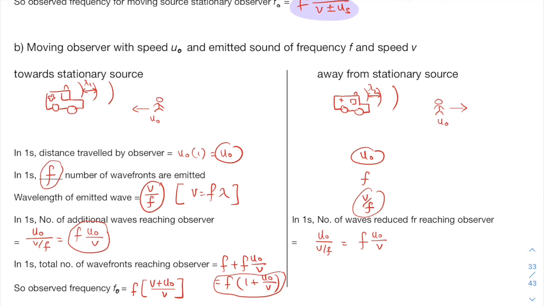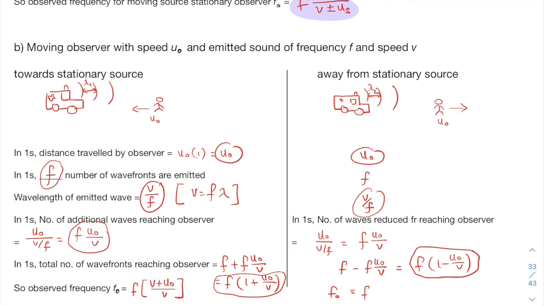So in 1 second, the total number of wavefronts reaching the observer right now is less. It would be f when he's stationary, subtract when he's moving away. And if I factorize, I get 1 minus u_o over v. So what is the observed frequency f_o? It would be essentially this expression over here.